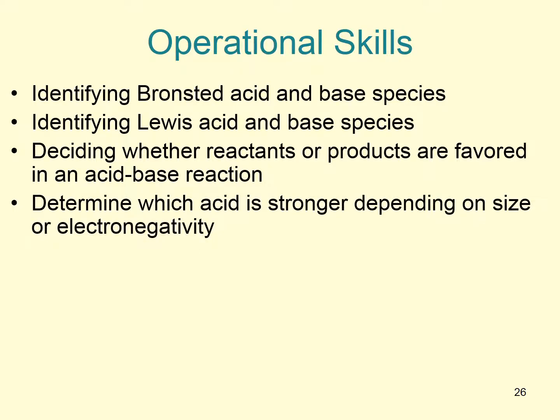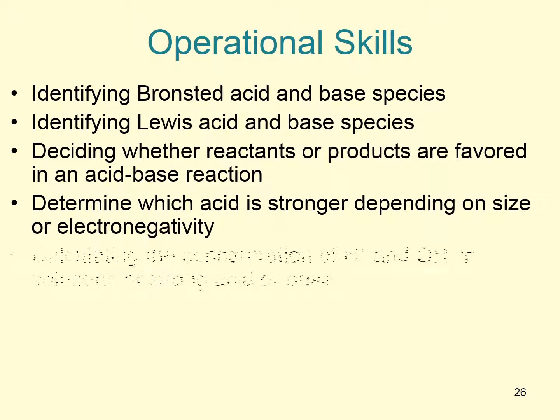You need to be able to determine which acid is stronger depending on either its size or electronegativity. We went through that exercise; remember that a binary acid gets stronger as you go down a column, but an oxo acid gets stronger as you go up the column. Acids get stronger if you go from left to right on the periodic table.